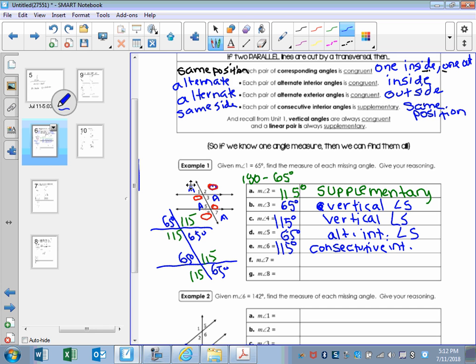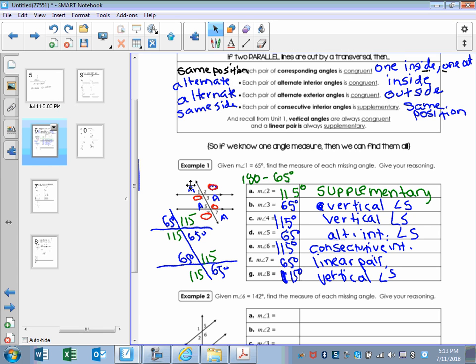Since I know what angle 6 is, 6 and 7 are supplementary to each other. They're a linear pair, so they add up to 180. Angle 8 is 115. It's also a vertical angle with angle 6. You could use any number of reasons, but if you need to go back through this, please do.